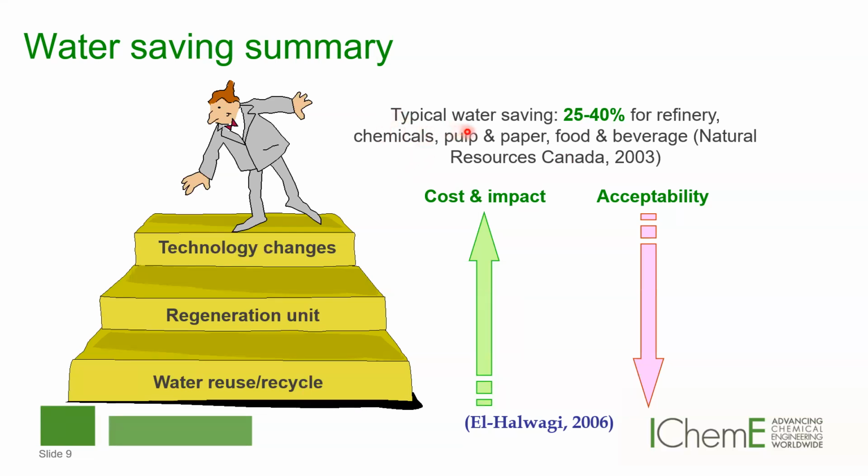And a typical water saving, if we do this analysis on a typical plant for refinery, chemicals, pulp and paper, and food and beverage, the typical saving is between 25 to 40%, which is big.